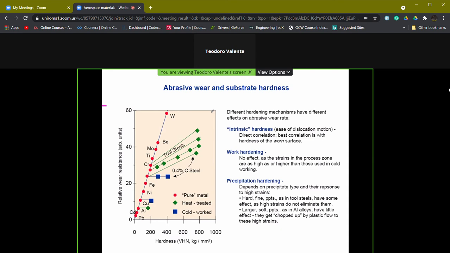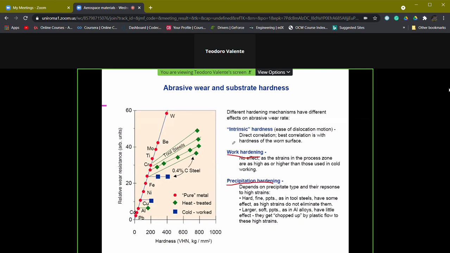We do have different mechanisms to increase the hardness of, for example, metallic materials by work hardening, like those we have just discussed, or by precipitation hardening, that is, without any coatings.